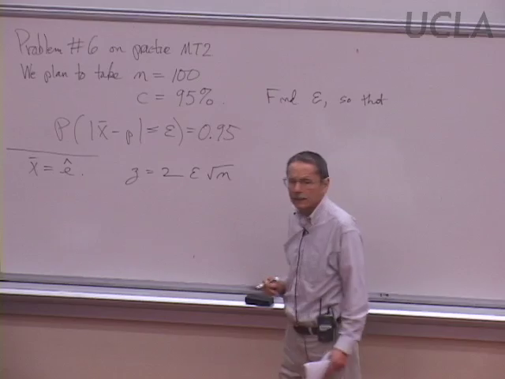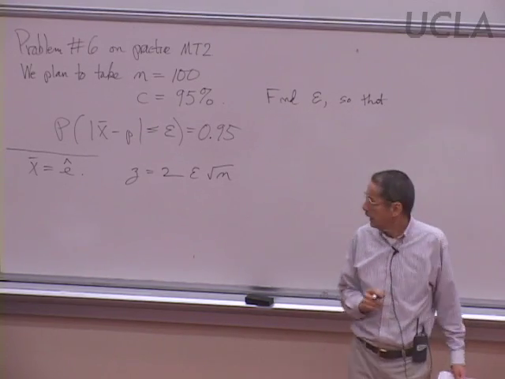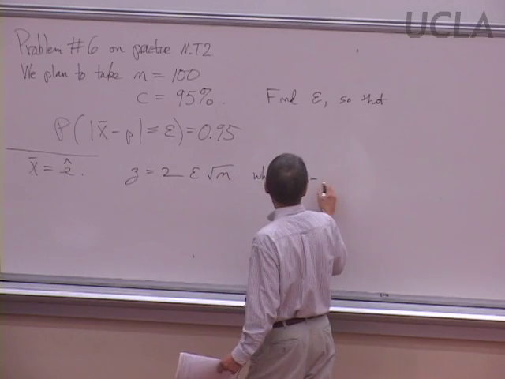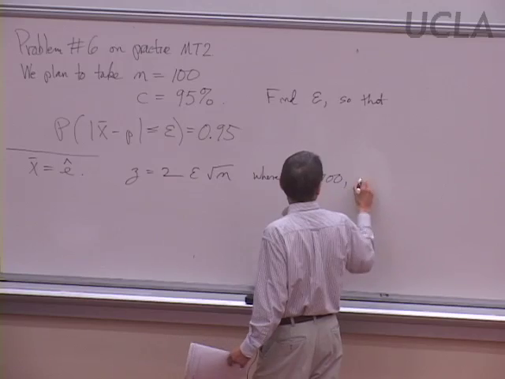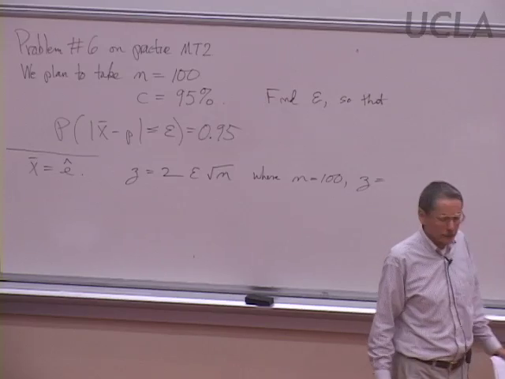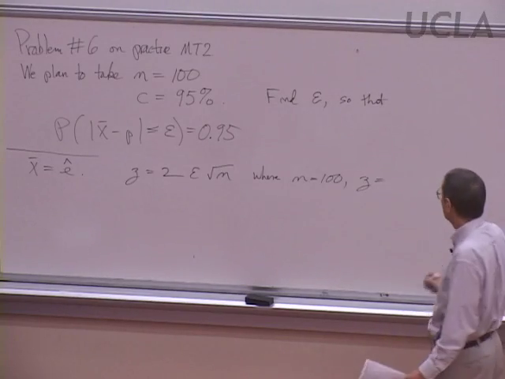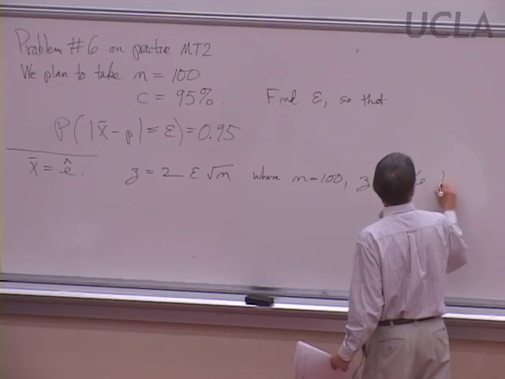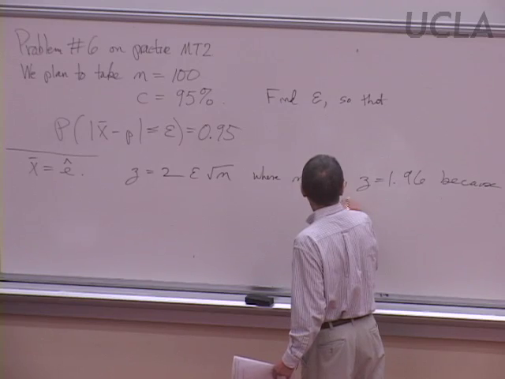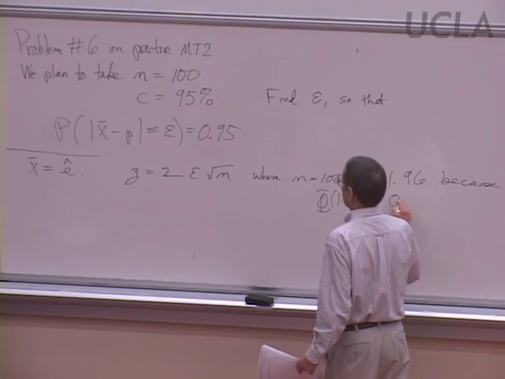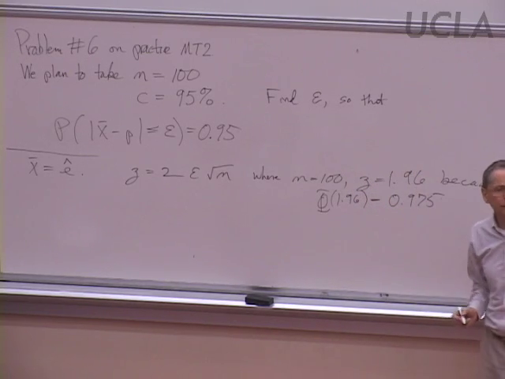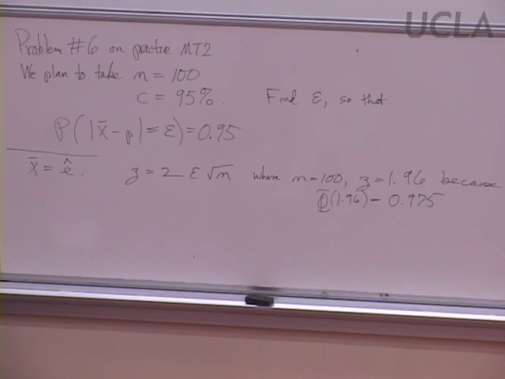And to do the shortcut, we can apply that same equation, only now we're given n, it's 100. And we need the z value for 95%, which is 1.96, because 1.96 gives us that 95% plus the left tail.